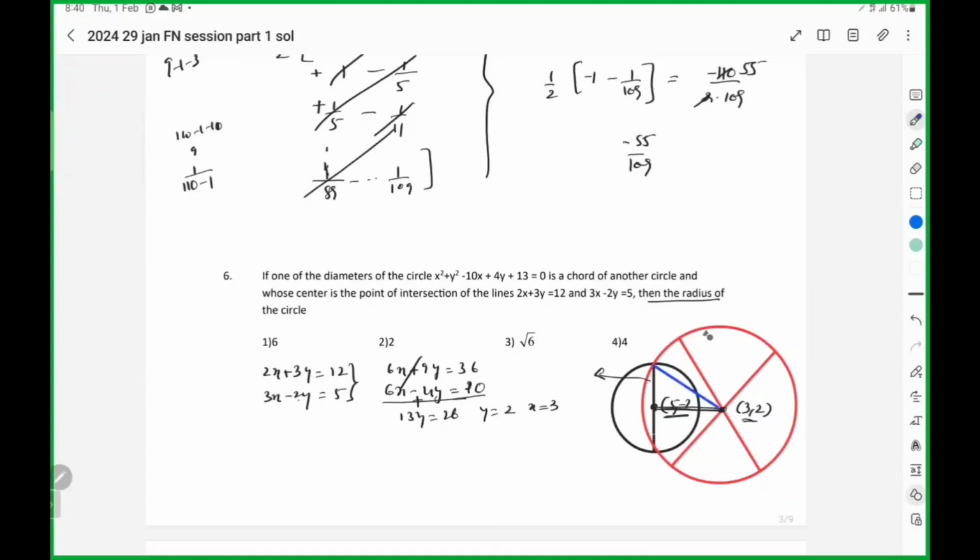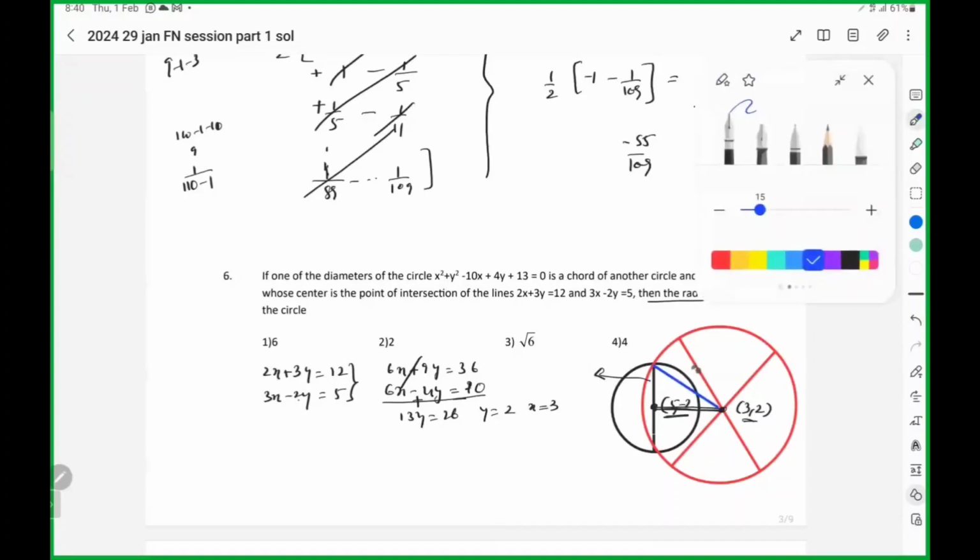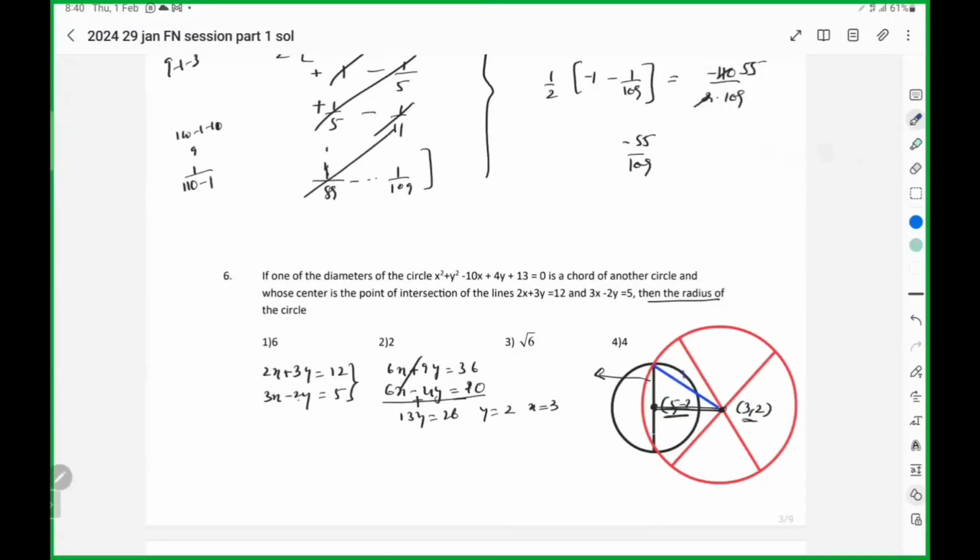That gives us the radius of the circle. So OL² is OP² plus PL². OP is just the distance between the points: 16 plus 20, root 20.